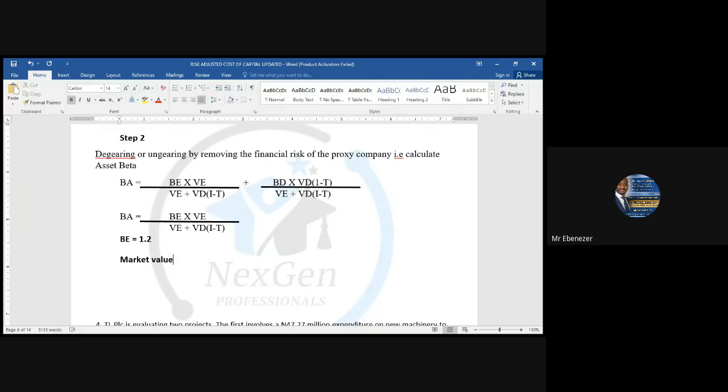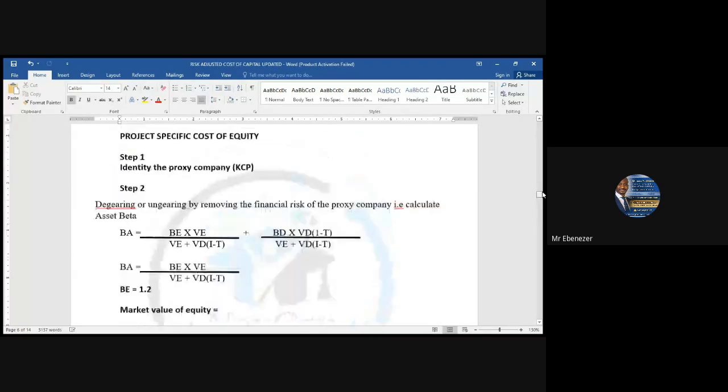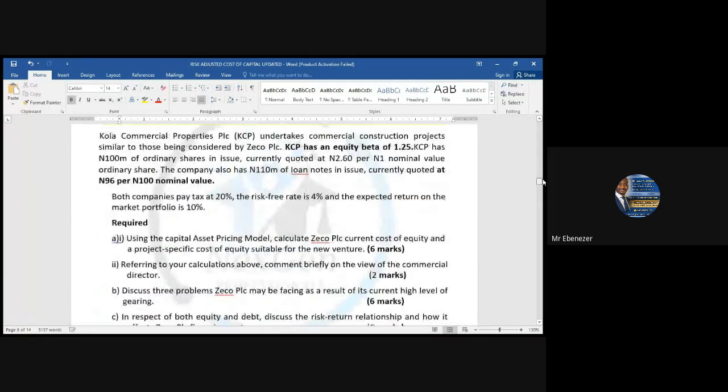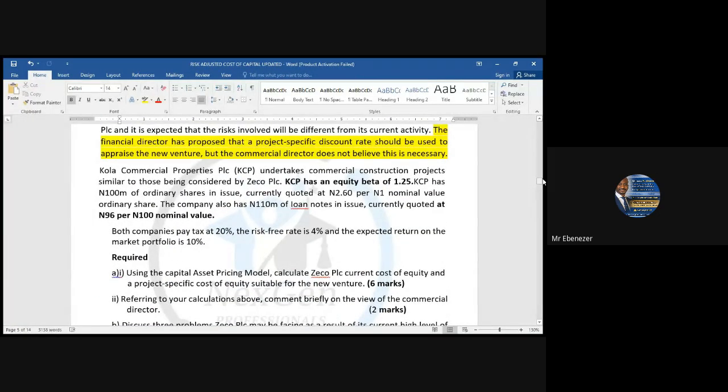Ideally, the examiner is supposed to give us percentages, but the examiner wants to test whether you understand how to determine the total market value of equity or debt.